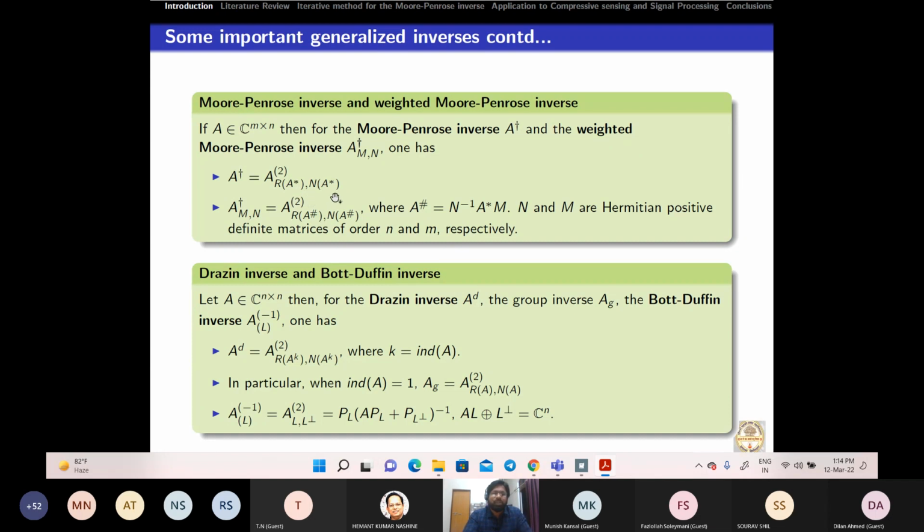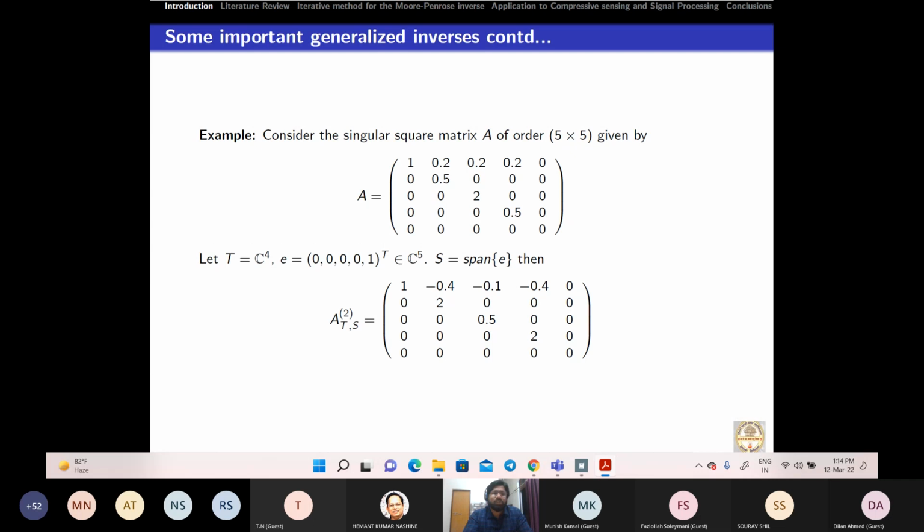Many people have worked on this outer inverse also. Here in this example, I have just given you one simple example. Suppose you have A as a 5 cross 5 matrix, and I am giving you T equal to say C4 and S equal to say the span of this particular vector. The task is just to compute its outer inverse such that it will have this range.